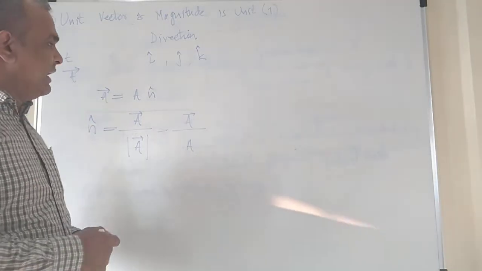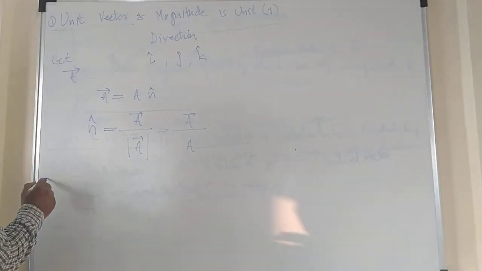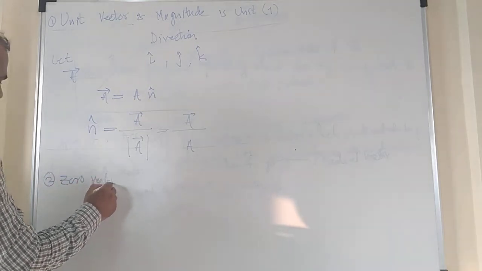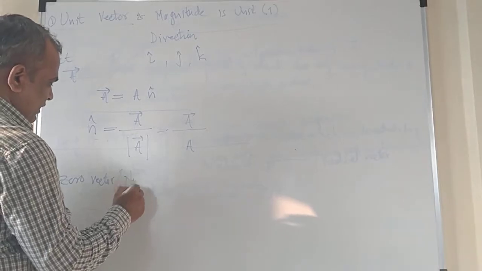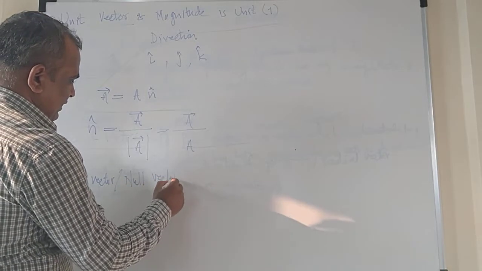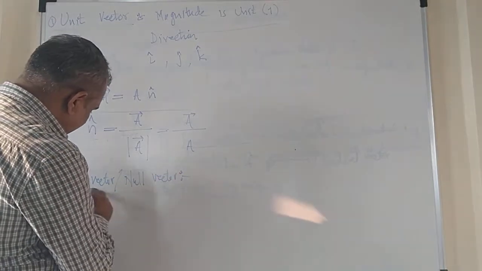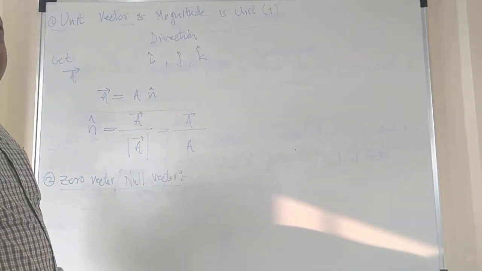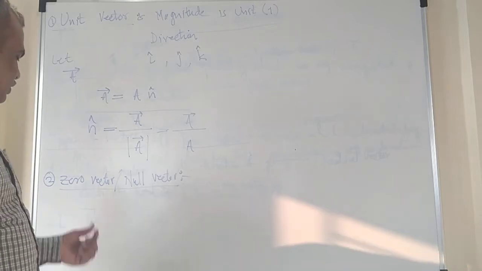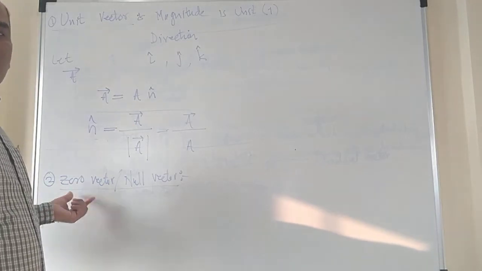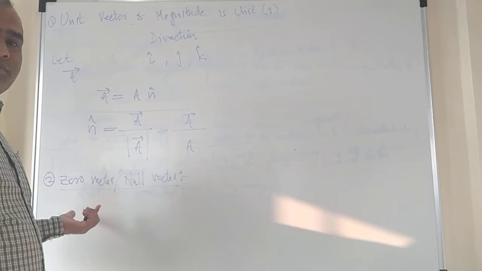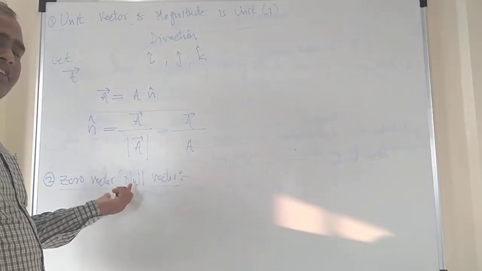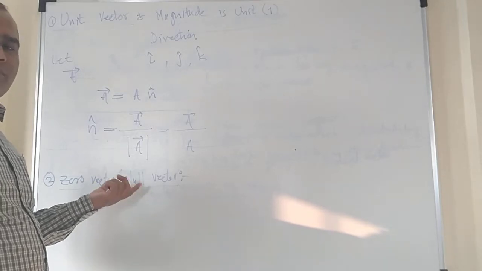Got it? Now the second definition is a zero vector or null vector. Again, the name of the vector itself explains its meaning. Zero vector means a vector whose magnitude is equal to 0, and null also means 0.